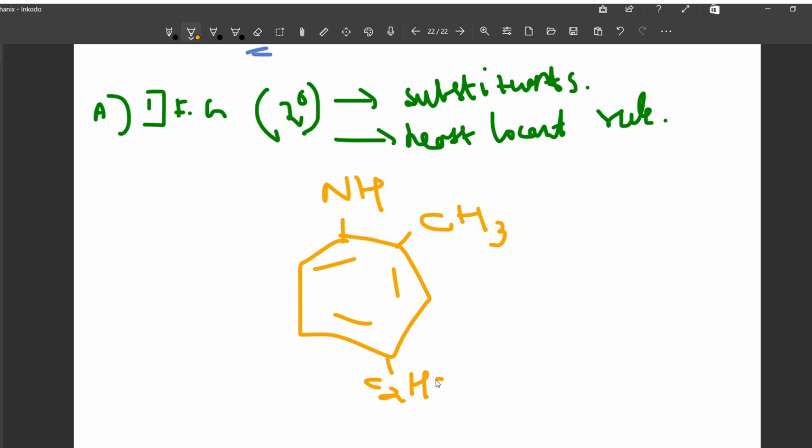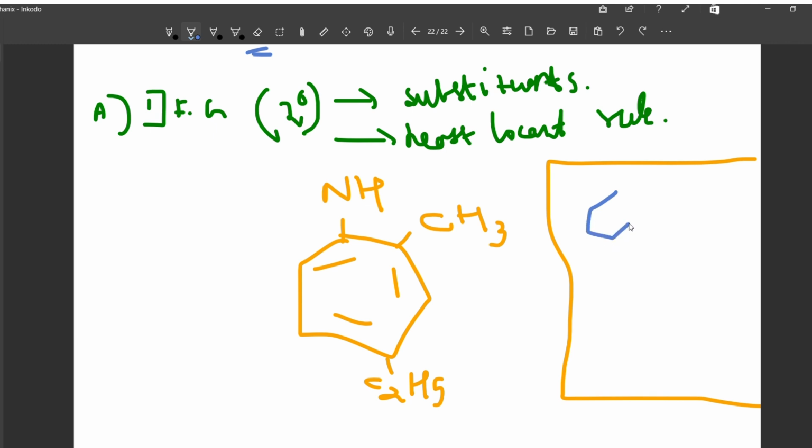And also, a quick tip here, we can name the compounds in terms of meta, para, and ortho positions too. So what do I mean by this? Let's take a benzene ring.